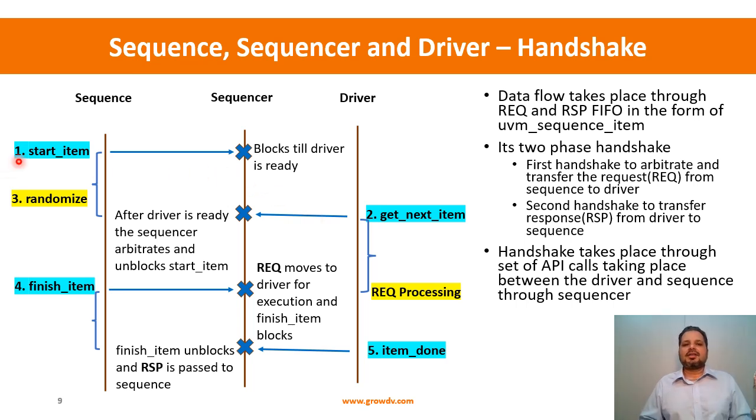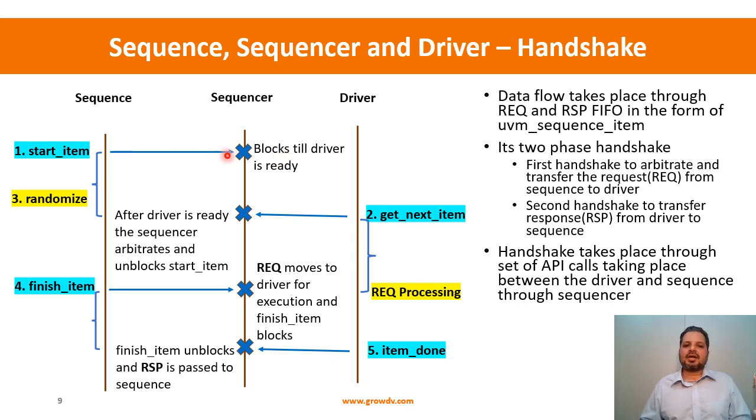As soon as the sequence starts, it will call start item. It will create a sequence item handle, create an object for that using the factory, and using that handle it will call start item. Once it calls start item, it goes to the sequencer, and the sequencer blocks this particular sequence until the driver is ready.